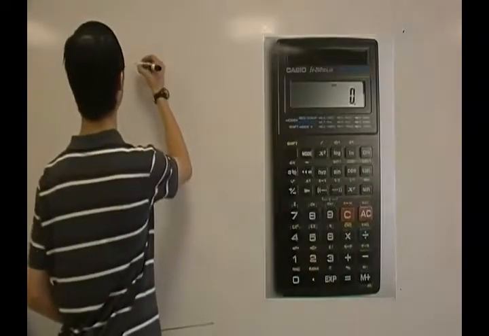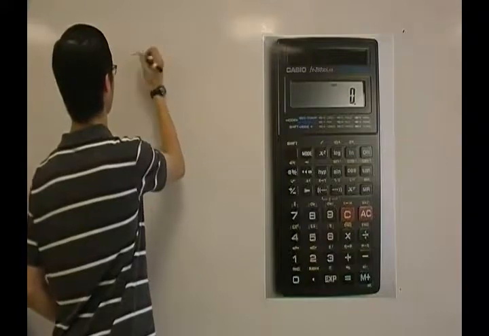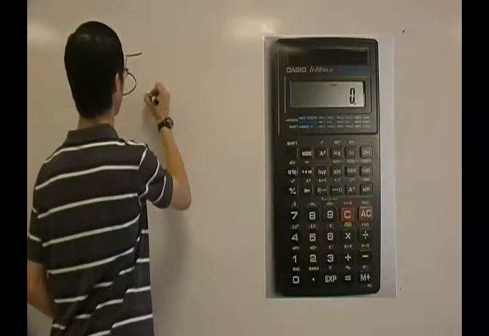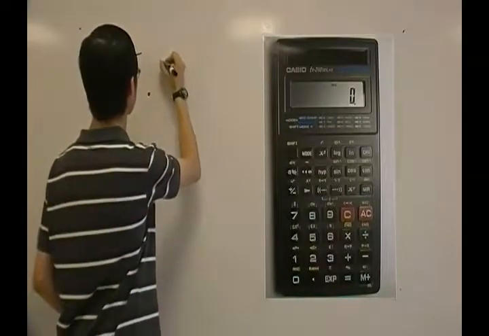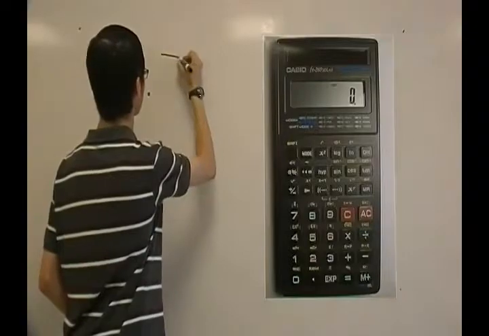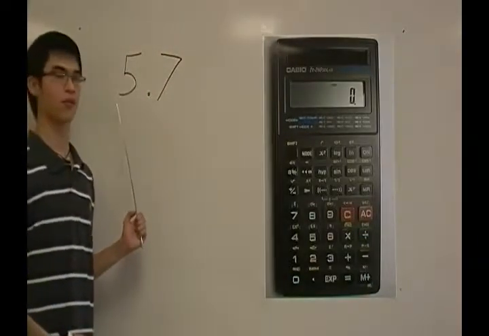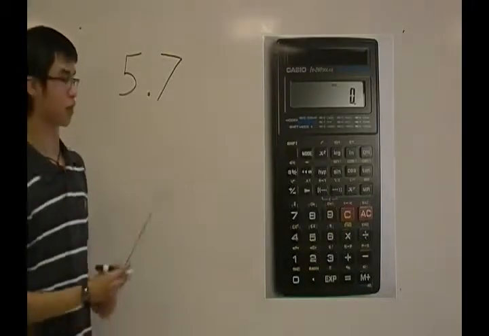Now, you'll encounter these on the GED. So, let's do this here. 5.7. All right, let's do this on the calculator.